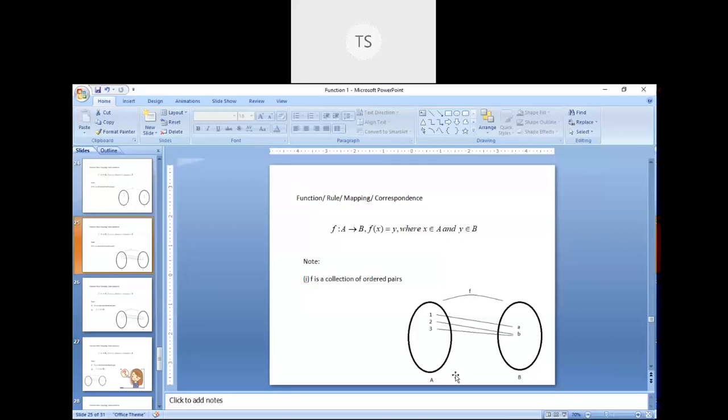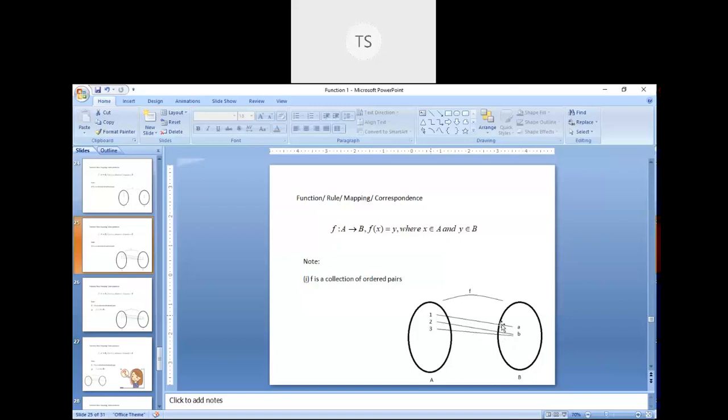The definition says that f is a function, or f is a relation, which satisfies a special condition. And what was the special condition? For each and every element of set A, there must be a unique element in set B. So for that particular word unique, if I write 1a and again 1b, it will violate that condition that one must have a unique image.